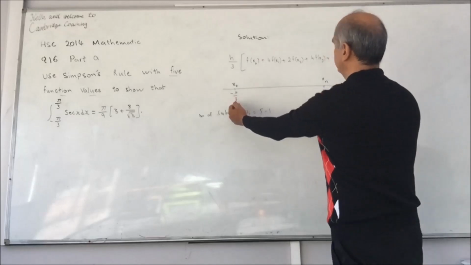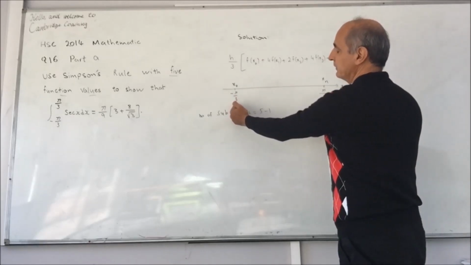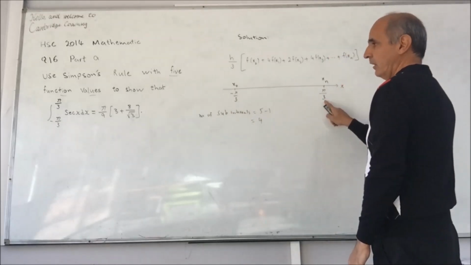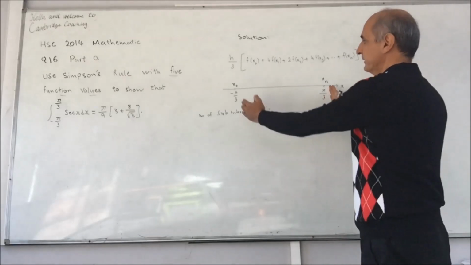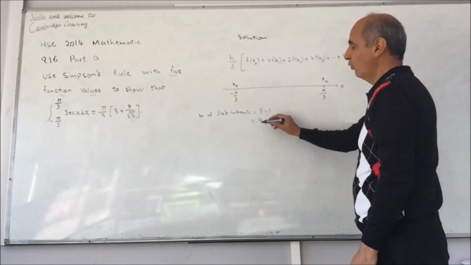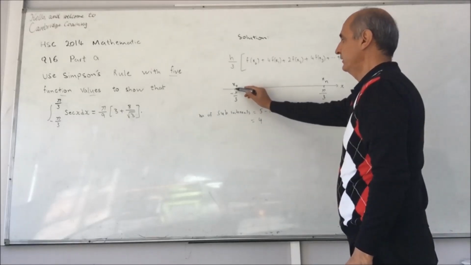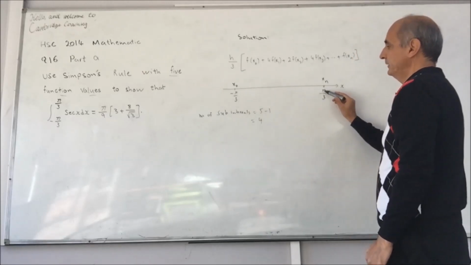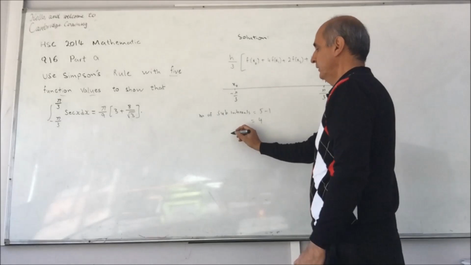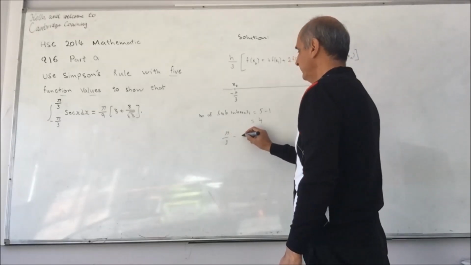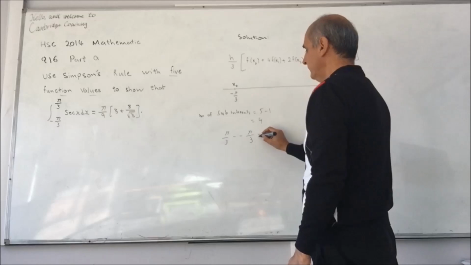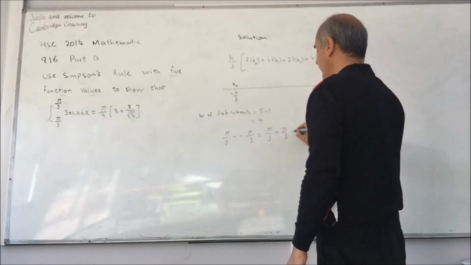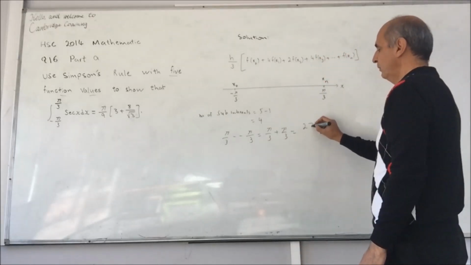That means the length between the lower limit of integration and the upper limit of integration has to be divided into 4 parts. First I need to see how long this is. To find it, I take away this from that. So pi on 3, take away minus pi on 3, two negatives make a positive, so pi on 3 plus pi on 3 is 2 pi on 3.